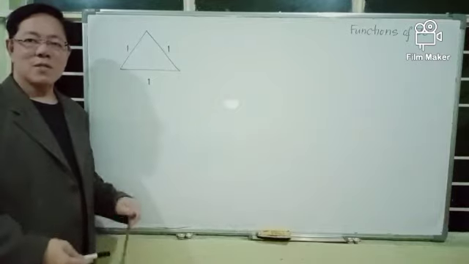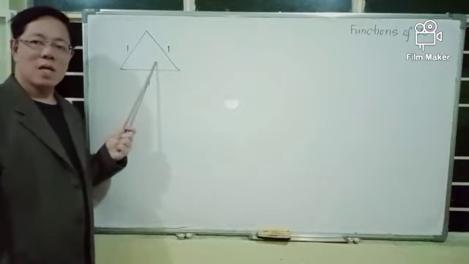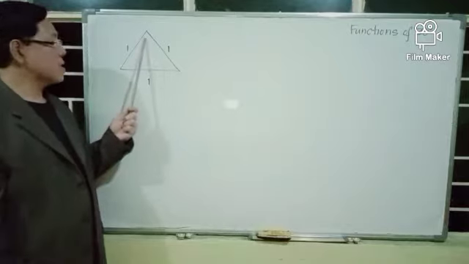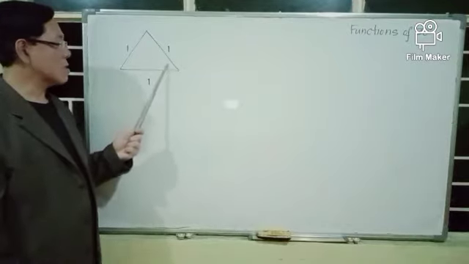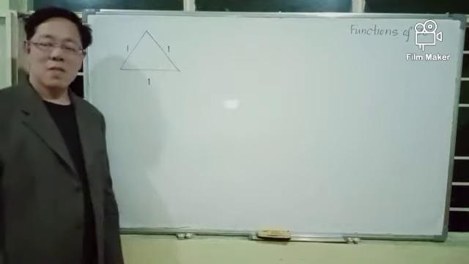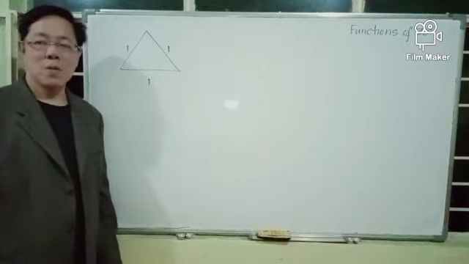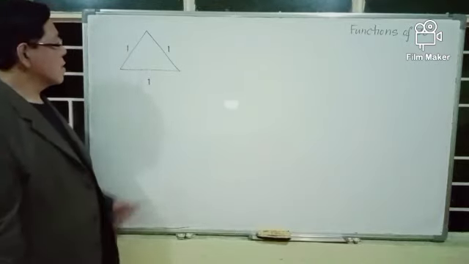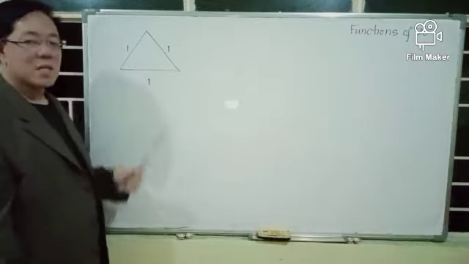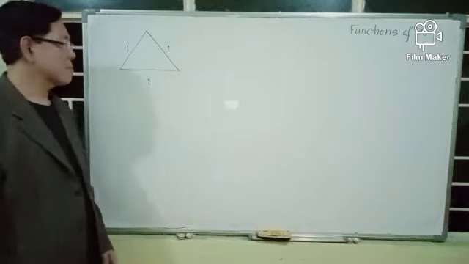And this equilateral triangle is also an equiangular triangle, which means that the three angles opposite the three congruent sides are also congruent. So if these three angles are congruent, they have the same measure.